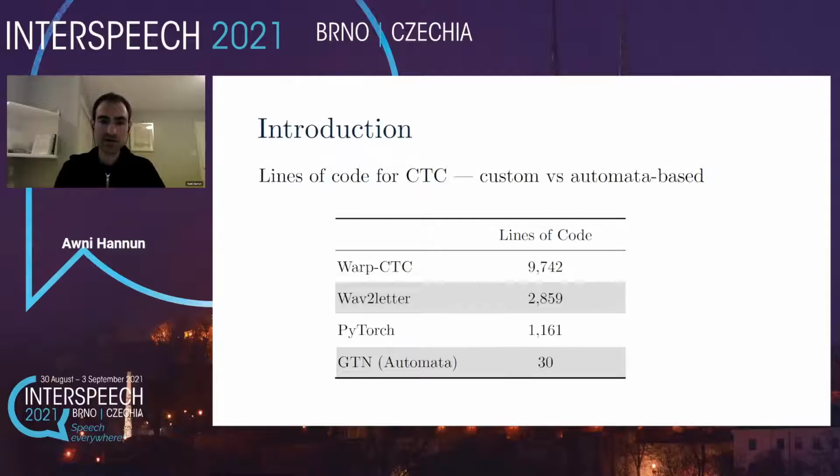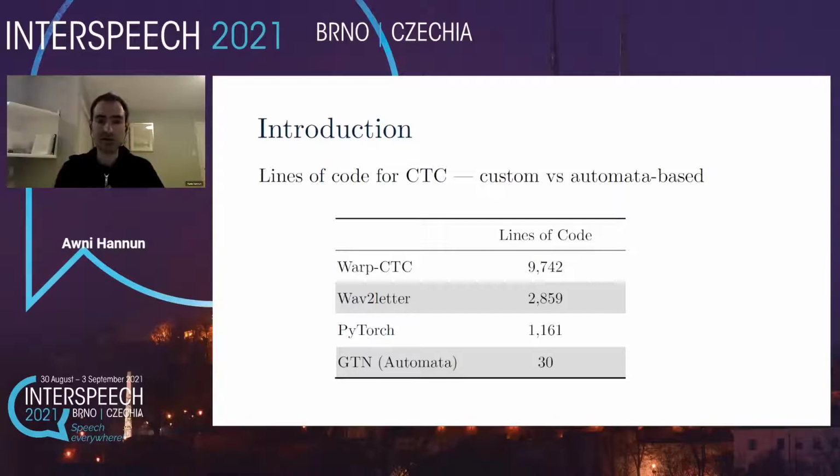So just to give you a flavor and inspire some interest, I went and looked at a few of the more popular implementations of CTC, the loss function used to train speech recognizers, and counted the lines of code for the different implementations. So Warp-CTC, wav2letter, PyTorch, these are all custom, very optimized implementations of CTC. And if you look at them, they have in the thousands of lines of code.